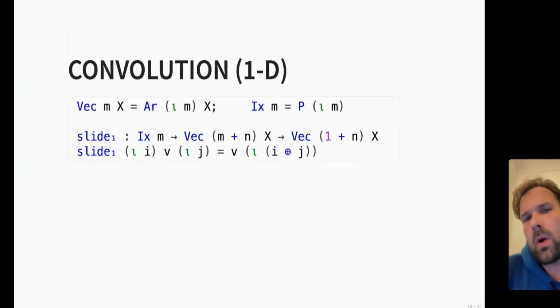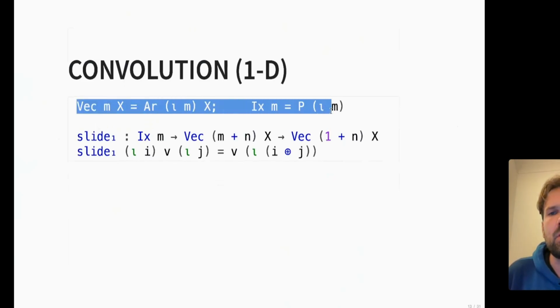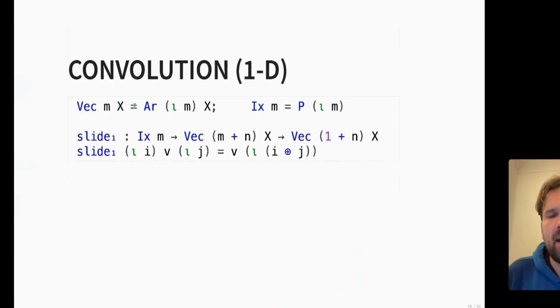Then let's look at more specific combinators, and let's look at how a convolution is going to be defined in this framework. In order to define a convolution, it is useful to define a notion of slide. First of all, let's make shortcuts for vectors, which are one-dimensional arrays. The vector of length m is an array whose shape is a singleton list.